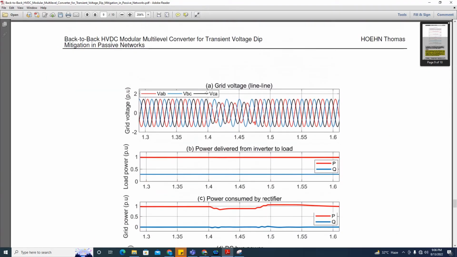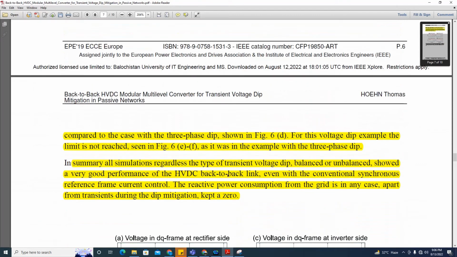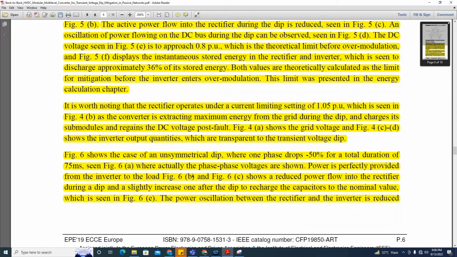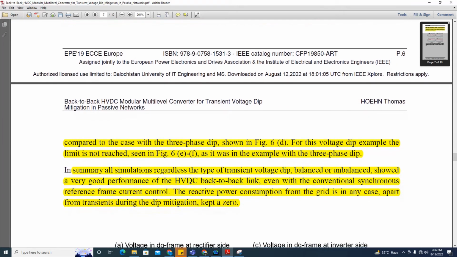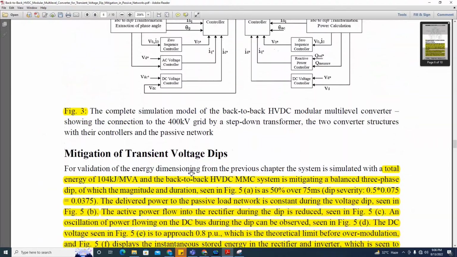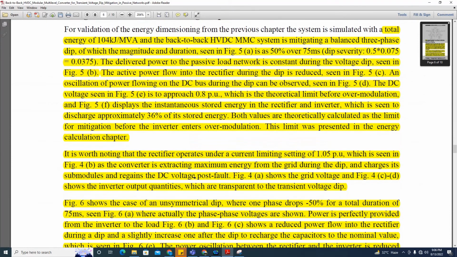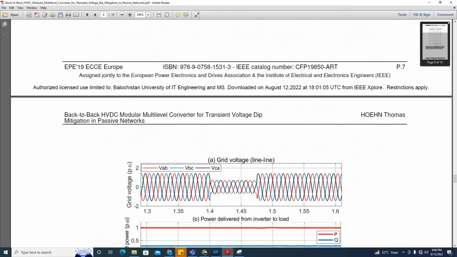This is another case. This is an unbalanced grid issue happening here. First there was a symmetrical dip.